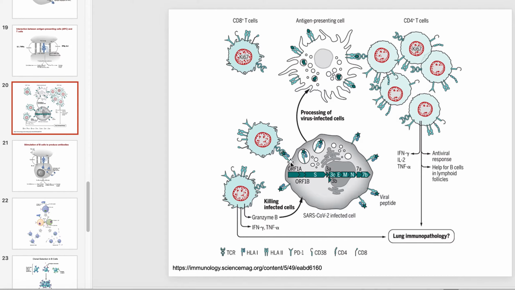In this particular case, it's using that MHC type 1, or in this cartoon it's called HLA type 1. HLA is just a specific kind of MHC that's specific to humans. So instead of calling it MHC class 1, they're calling it HLA class 1 because they're saying it's specifically human. So the human HLA1 is displaying the antigens in this particular SARS-CoV-2 infected cell.